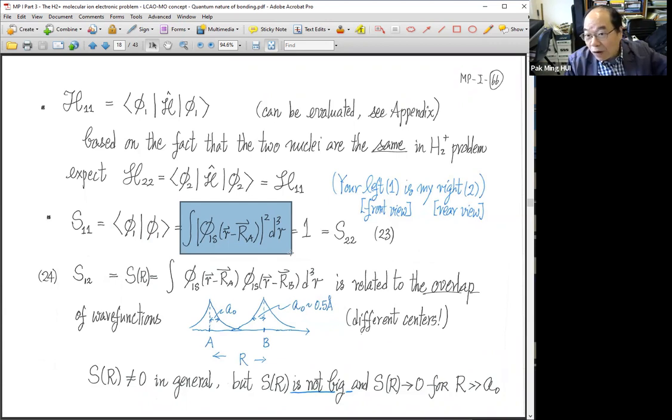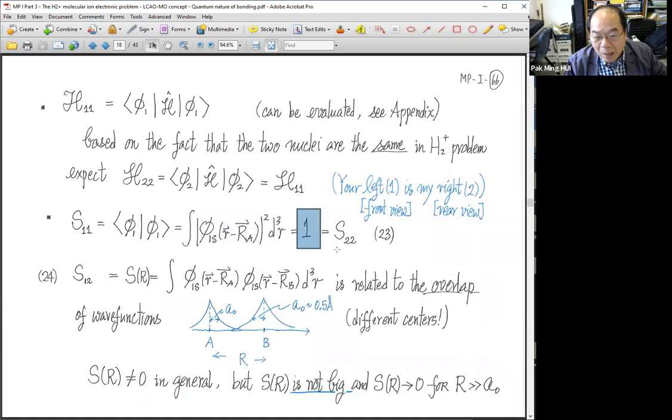You integrate over everywhere. That is the probability of finding the 1s electron centered at A, regardless of the place. Of course, the electron exists. By normalization, it is 1. Okay? So S11 is simple, and it is also S22.